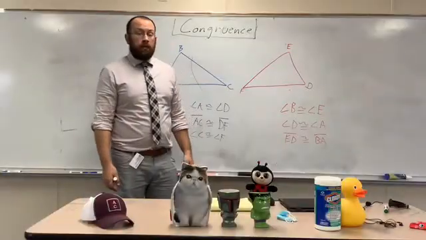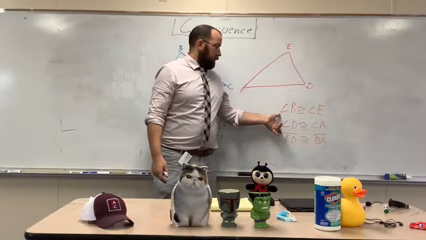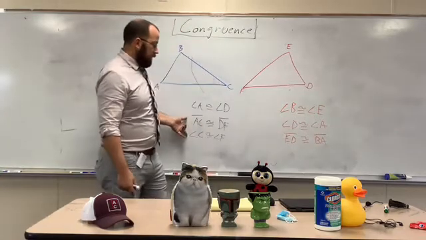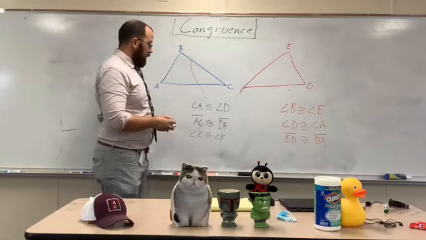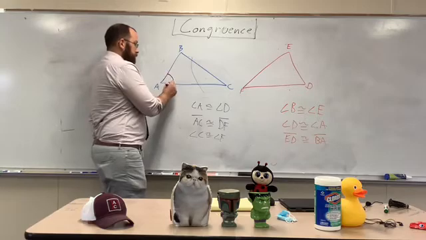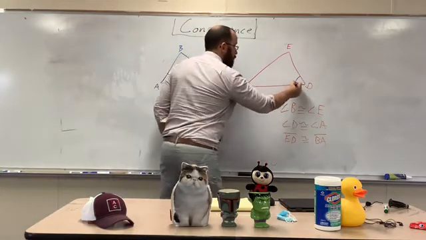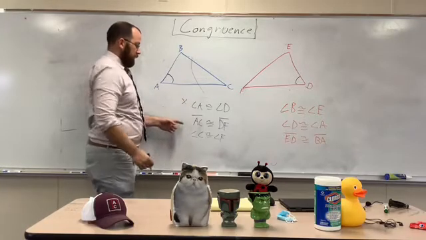For the last two, we're going to do something different. I gave you a set of stuff. This is one example. This is another example, and you have to tell me what it is. So I have angle A is congruent to angle D. Now, I can cross that off.